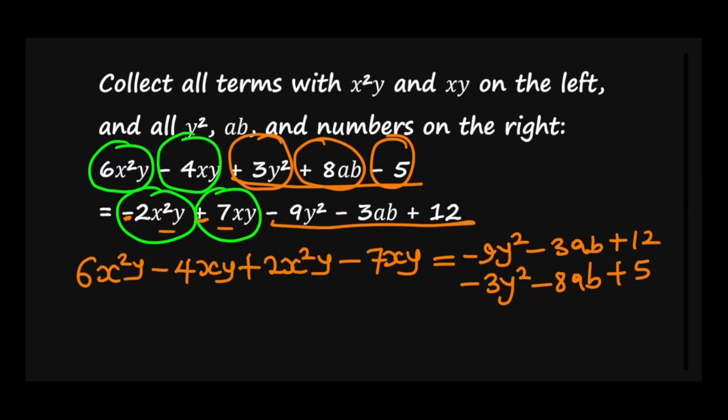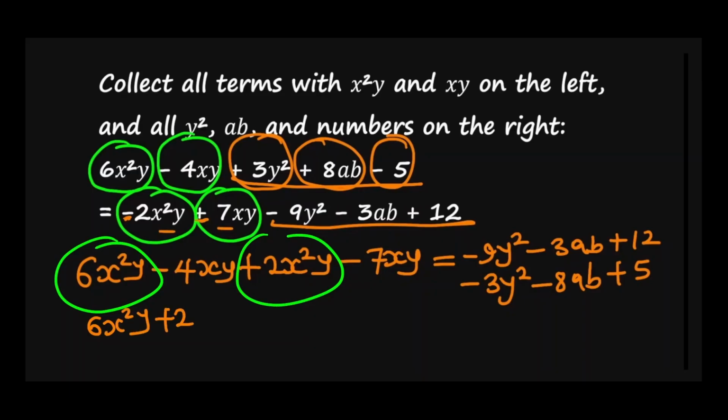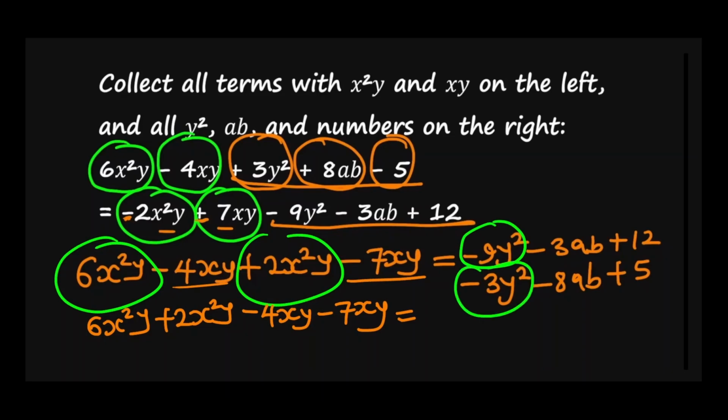Now for the second part of the question, let's now collect the like terms. So this will be easy. X squared y here, x squared y here. So that gives us 6x squared y plus 2x squared y. Then we put the remaining one here, minus 4xy, and this one, minus 7xy. Then on the right, we will have, collect it again, minus 9y squared, minus 3y squared.